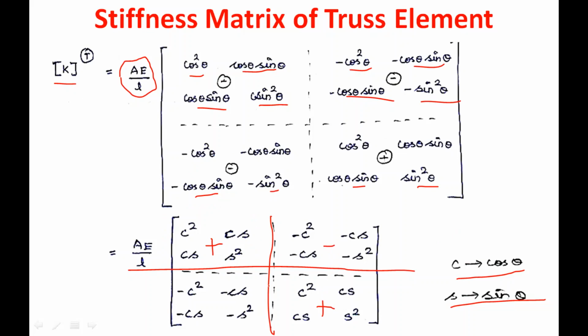Here all are negative terms, and in each quadrant the diagonal has C square or S square, and the minor diagonal has CS, CS, like that. So either it may be positive or negative, the elements are same: C square, S square, CS, CS. In this way we can easily remember the stiffness matrix of the truss element.